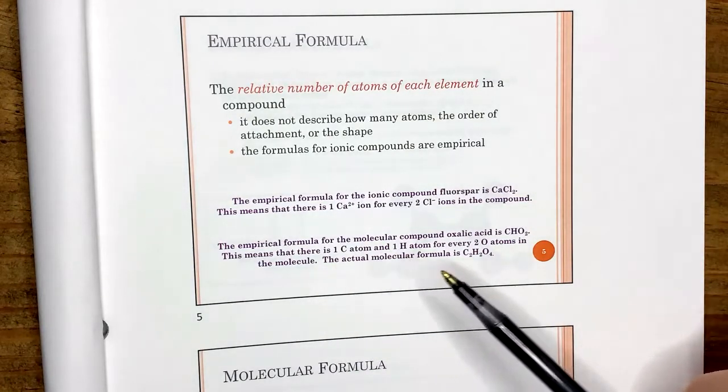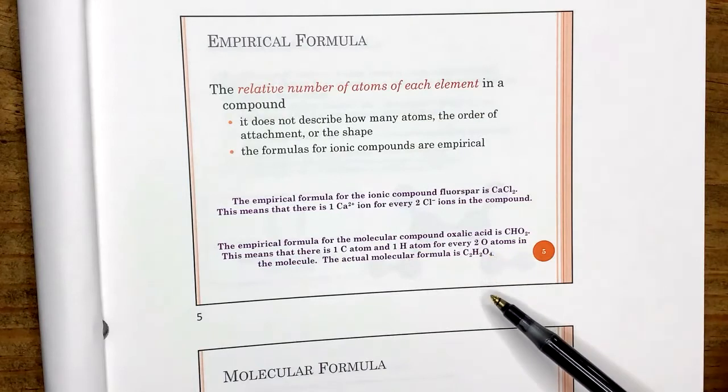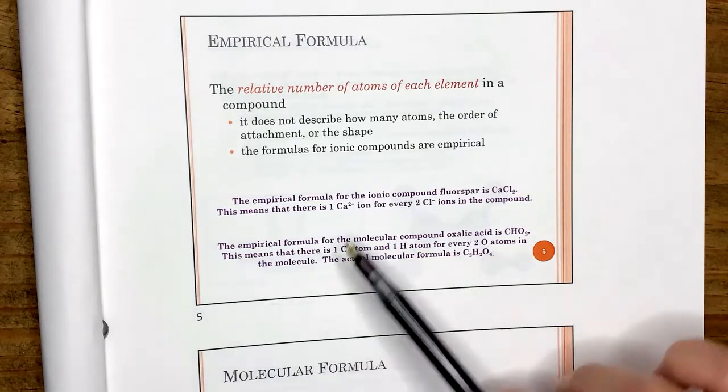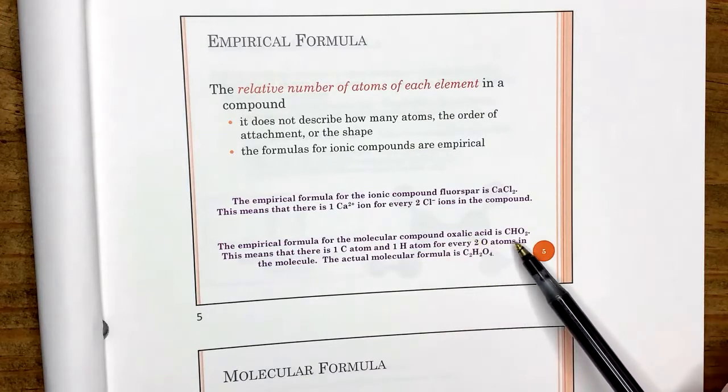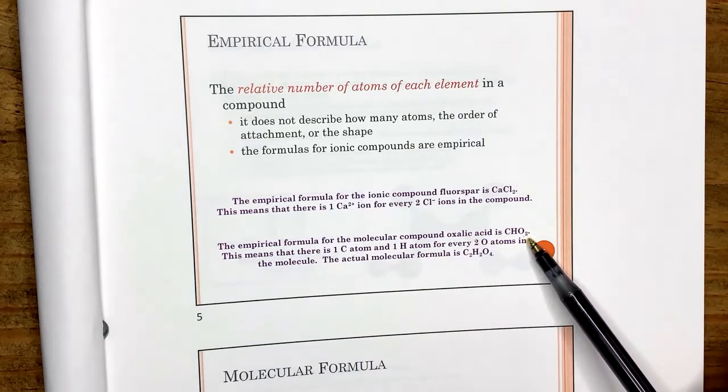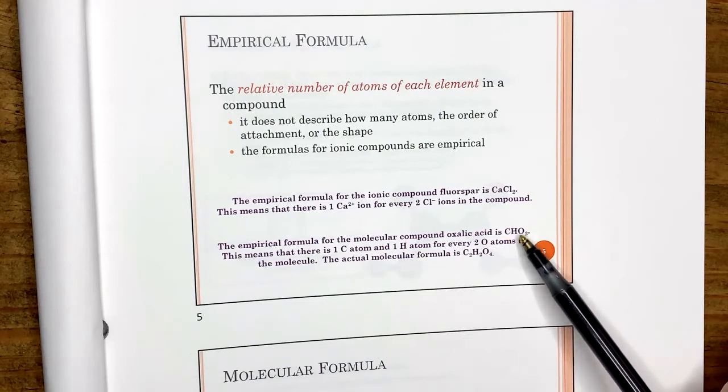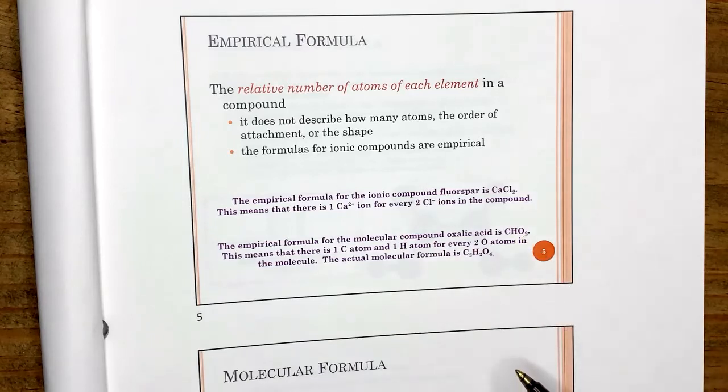For example, over here, the empirical formula of the compound oxalic acid is CHO2. So CHO2 is the empirical formula. That means every time there's a C, there's going to be one H and two O's. But that doesn't mean that's the actual formula.